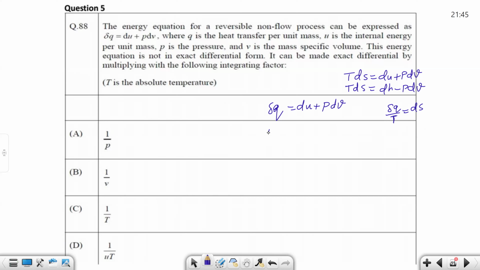So if you multiply by 1 by T, dQ by T equals 1 by T into dU plus P by T into dV.